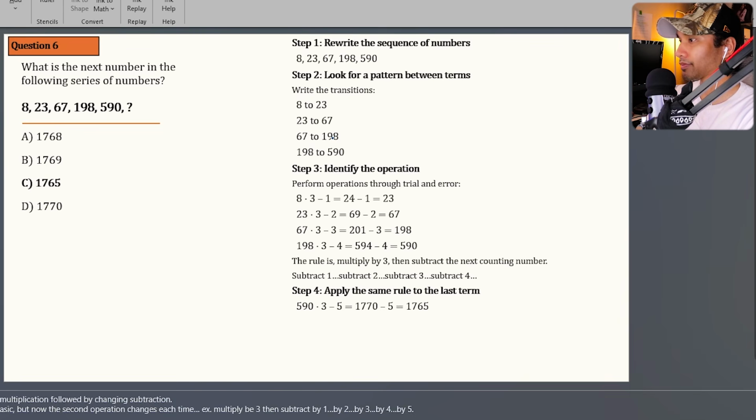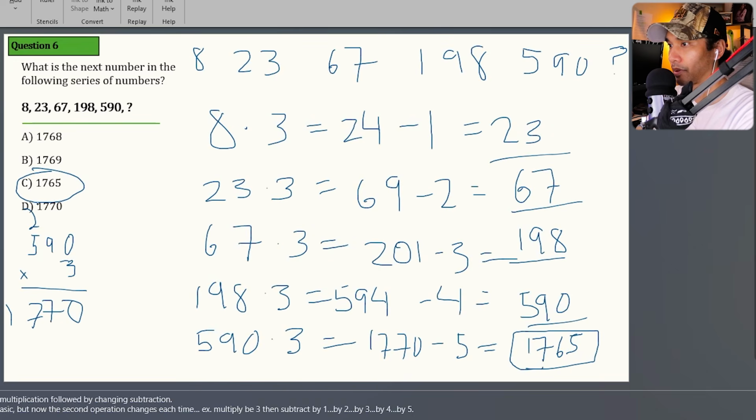And then you find out this descending operation, right? Minus 1, minus 2, minus 3, minus 4. This is the same, the multiply by 3, but this is going to be a little difficult to identify. All right? And then you figure out the next number in the series, which is going to be 1765, which is C, like we put C.